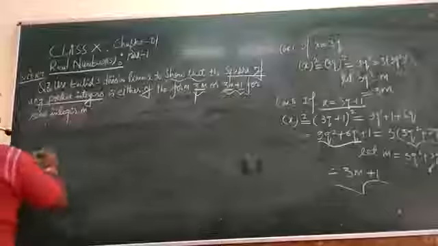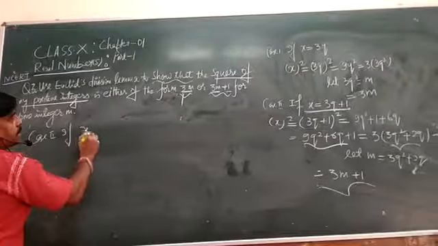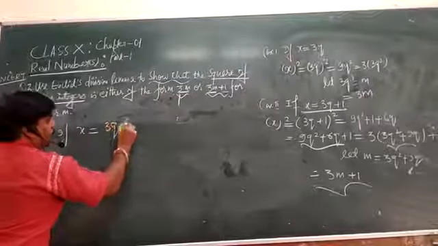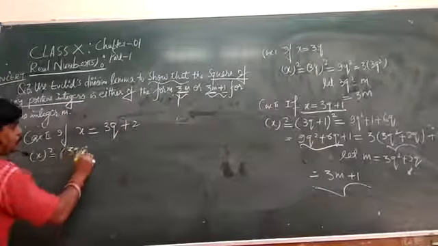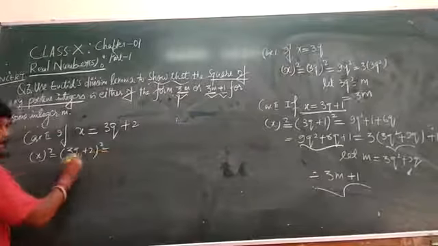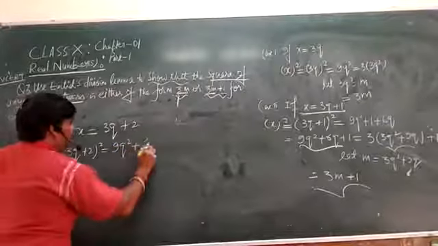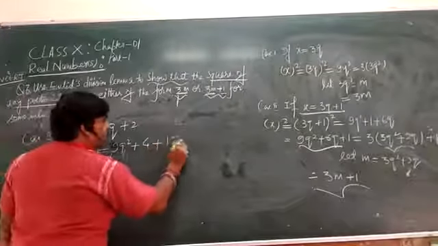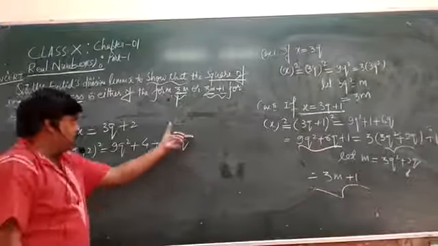Similarly, we take case 3. If x is equal to 3q plus 2, we will do the square. X square is equal to 3q plus 2 whole square. Expanding a plus b whole square, that is 9q square plus 4 plus 12q. Here you have to be very careful, because we want to write this either in the form of a multiple of 3 or a multiple of 3 plus 1.